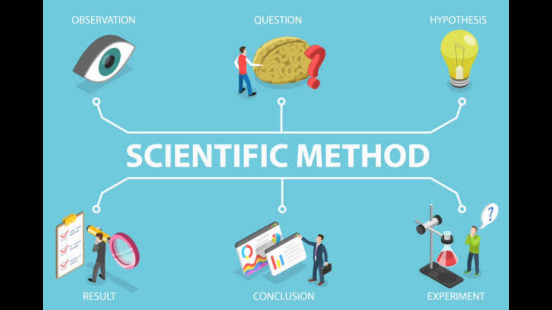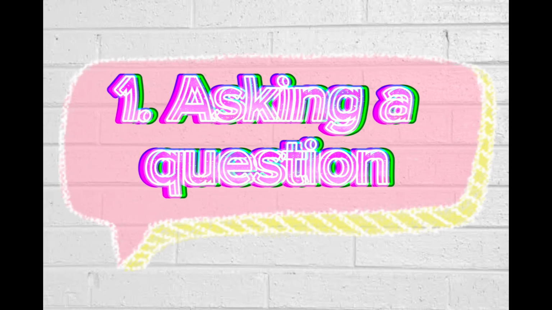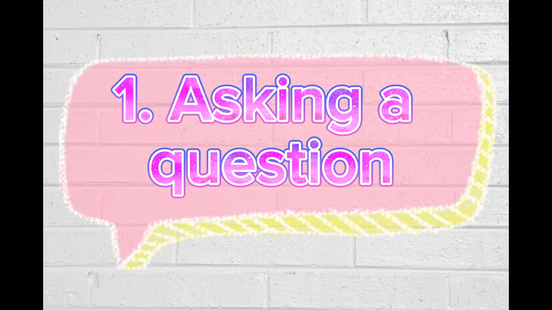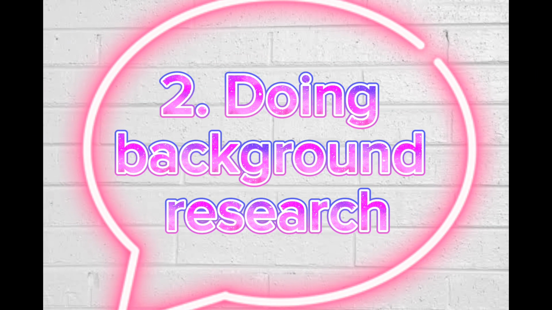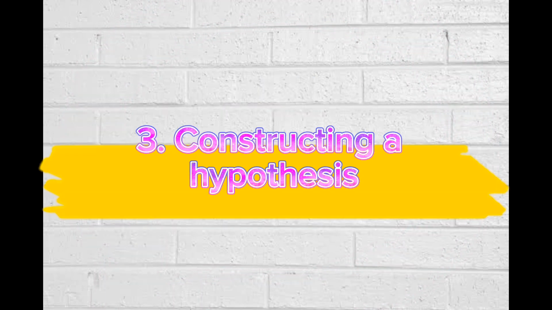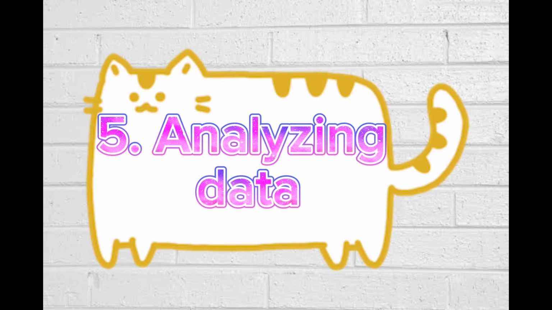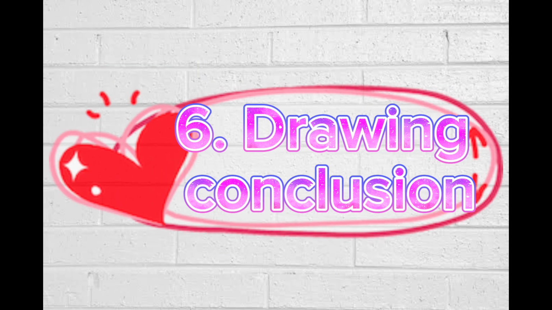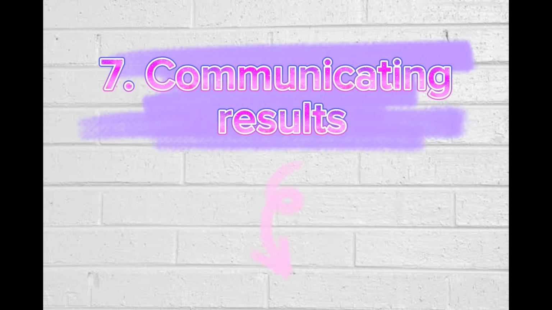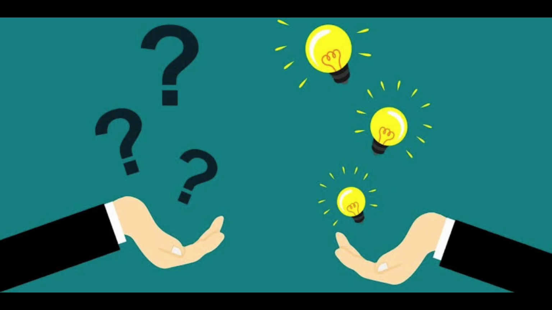It consists of several processes or steps, namely, asking a question, doing background research, constructing a hypothesis, experimenting, analyzing data, drawing conclusion, communicating results. So let us now discuss each step and answer common questions about the scientific method.